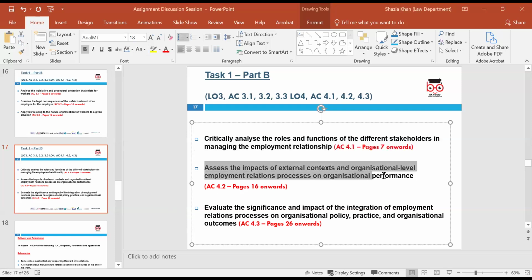The fifth part of it is to look at assessing the impacts of external context and organizational level employment relation processes on organizational performance. And that's looking at AC 4.2, pages 16 onwards.